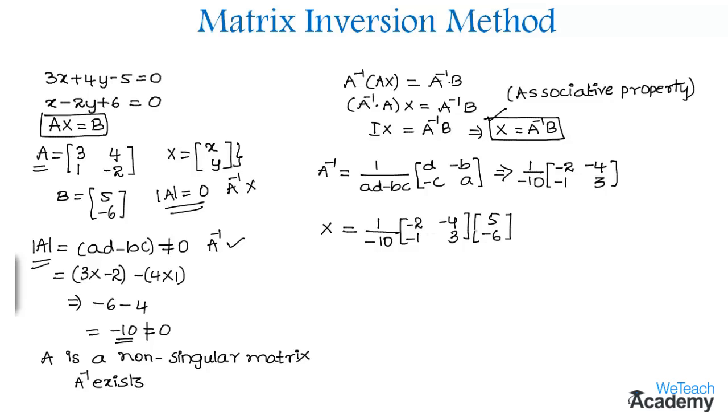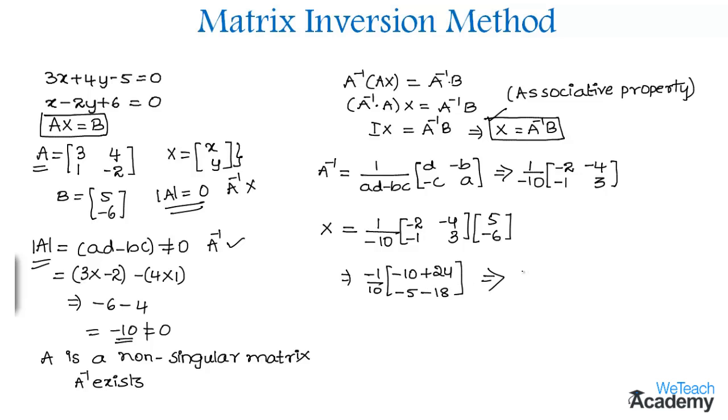Using the concept of matrix multiplication, we get minus 1 divided by 10 into the first row into first column, which will be minus 2 into 5, that is minus 10, plus minus 4 into minus 6, which is plus 24. Then coming to the next row, we get minus 1 into 5, which is minus 5, plus 3 into minus 6, which is minus 18.